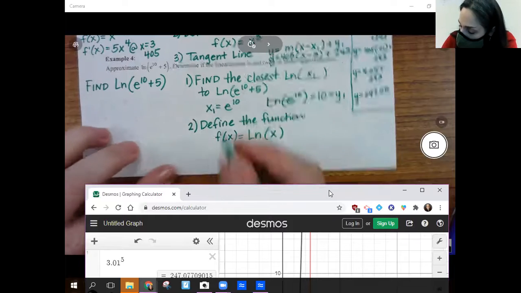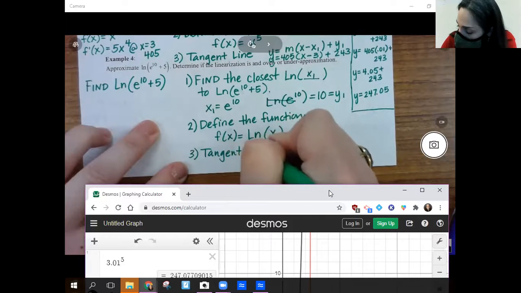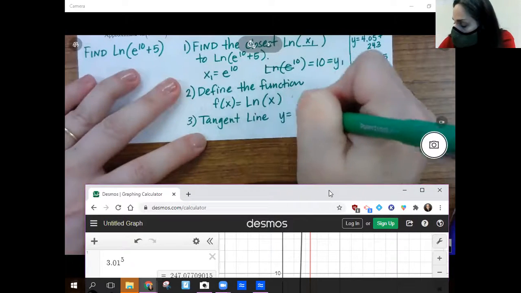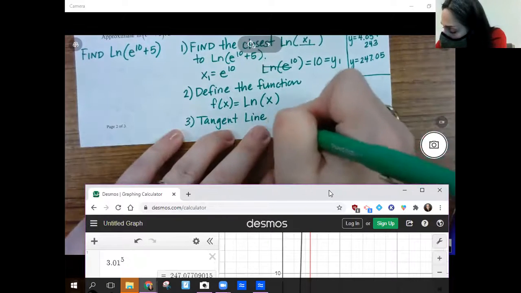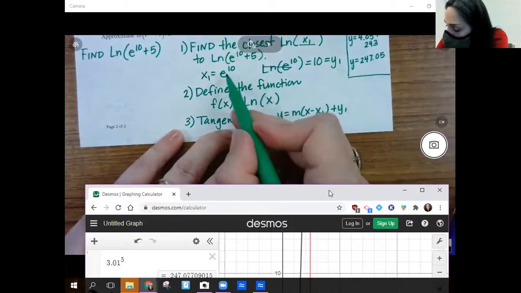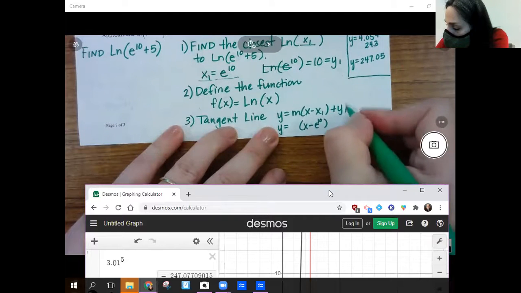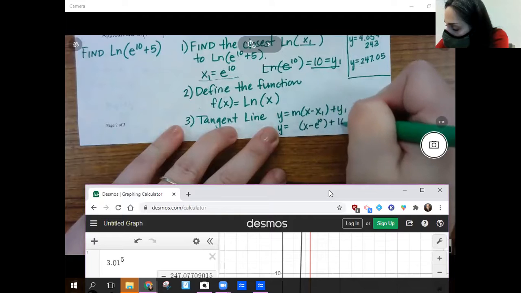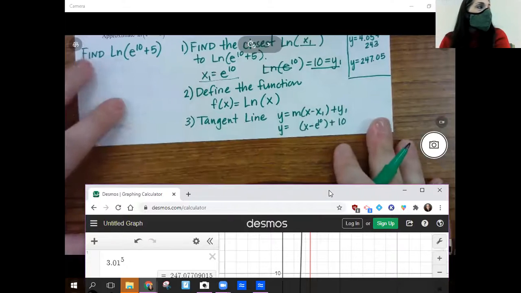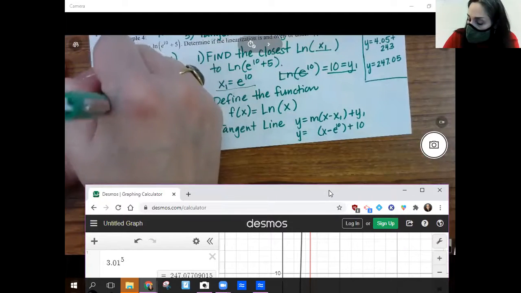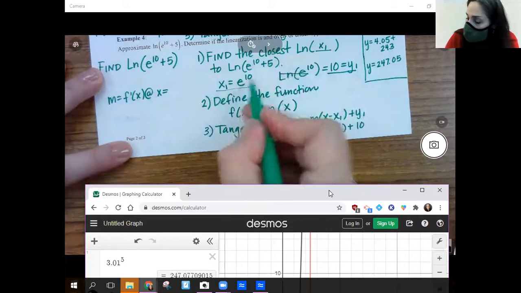So now we're going to do the tangent line. So this will be y equals m times x minus x sub 1, plus y sub 1. I've got the x sub 1 and the y sub 1 already. Remember, your x sub 1 is the e to the 10th. The y sub 1 is just 10, because that was what we got when we plugged that in. Okay? To get the slope, we need to take the derivative at x equals e to the 10th.